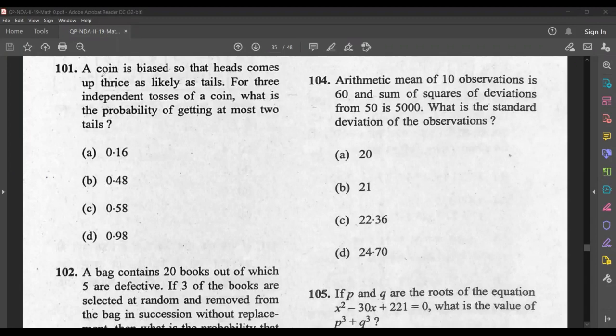At most means maximum 2 tails you can get.